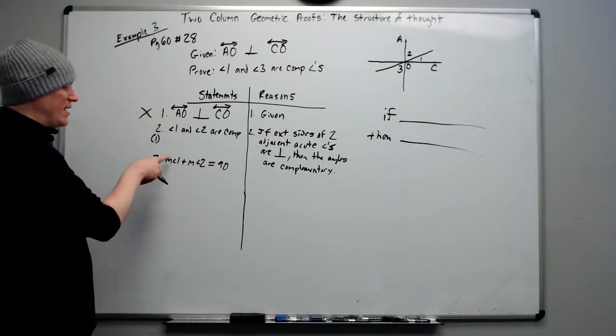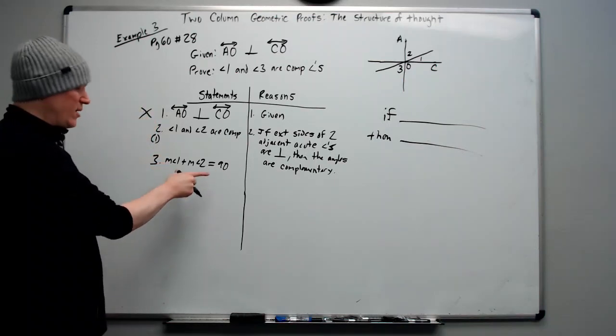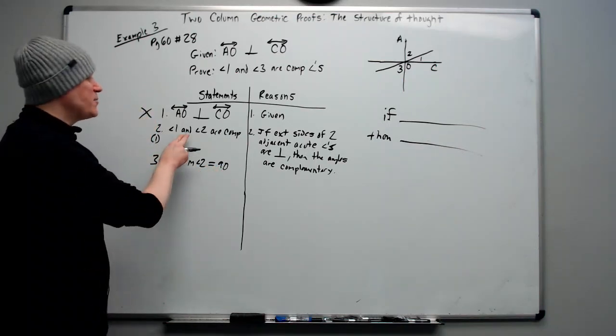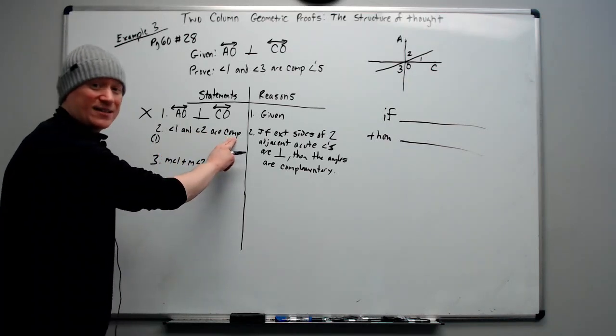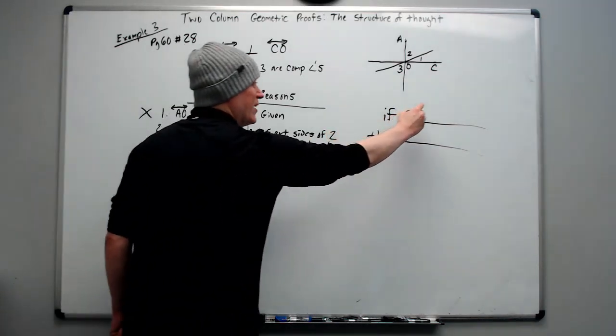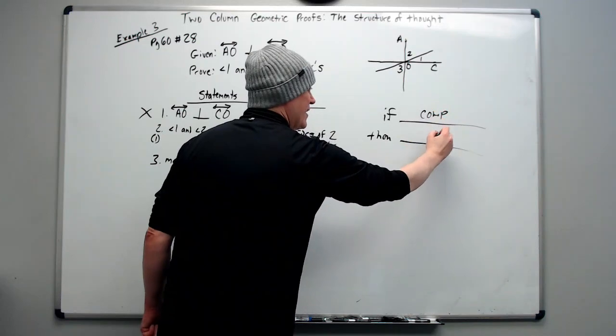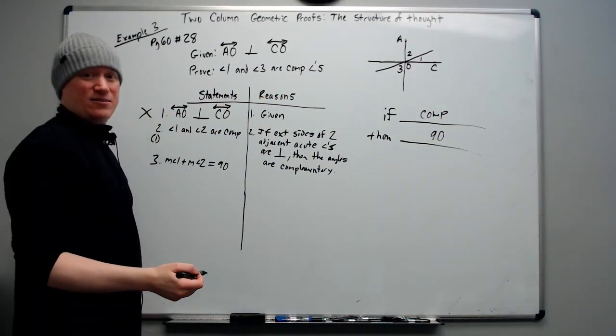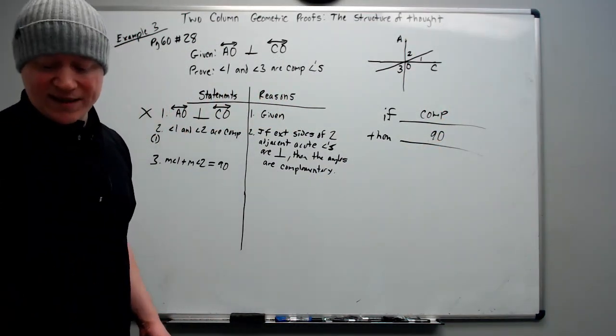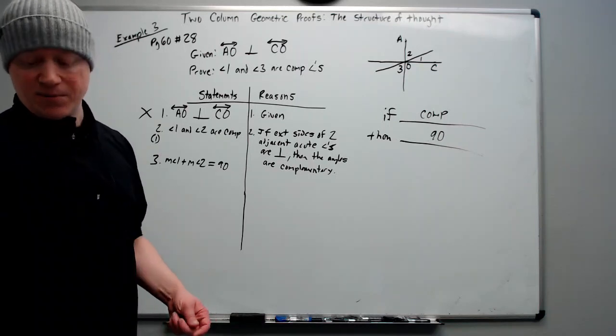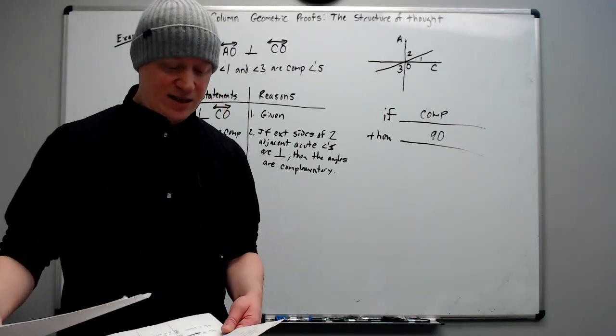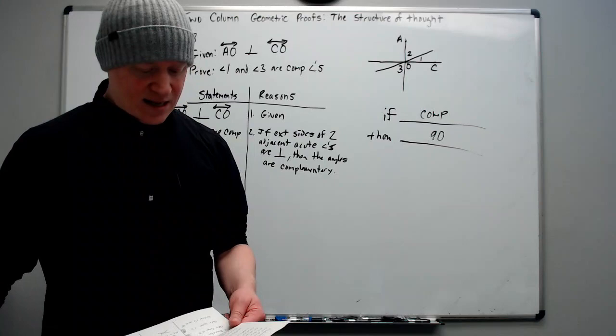Now, how do I know that this is true? How do I know they add up to 90? It's because they're complementary. That's the very reason. It's if complementary, then they add up to 90. Right? That's exactly what we want. That's the definition of complementary angles. Let's find it again real quick.